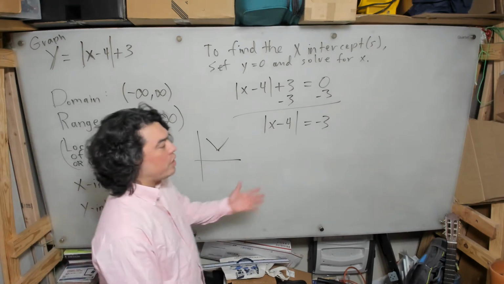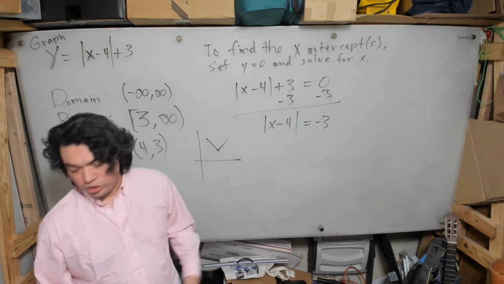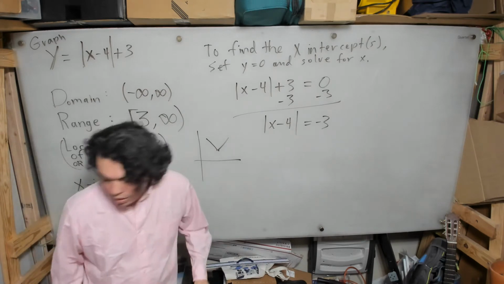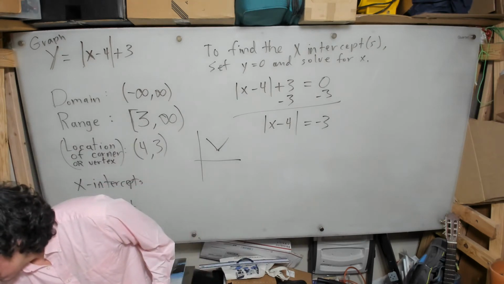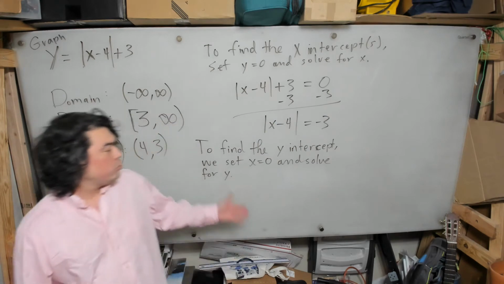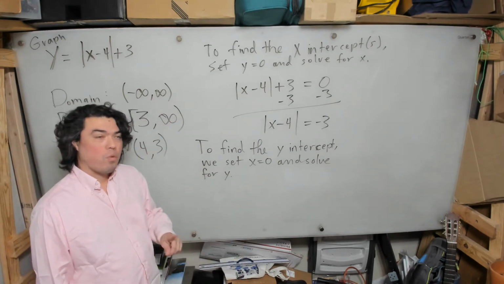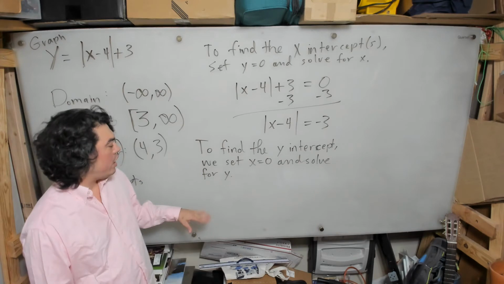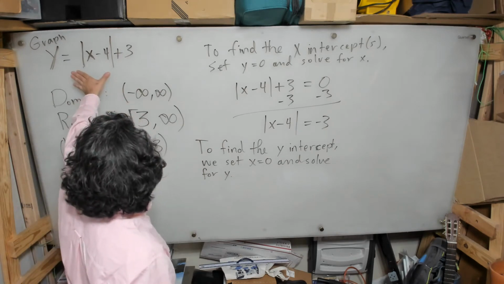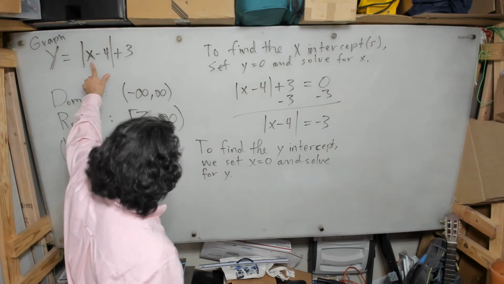Okay, so now we're going to find the y-intercept. As before, to find the y-intercept, we set x equal to 0 and solve for y. So let's take this expression, but we're going to set x equal to 0.